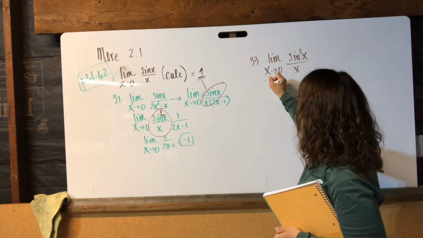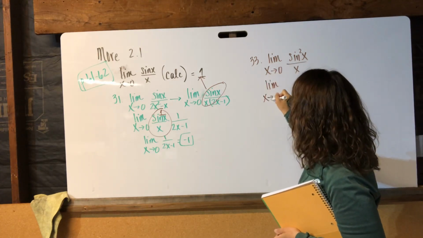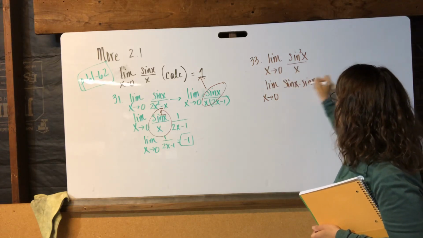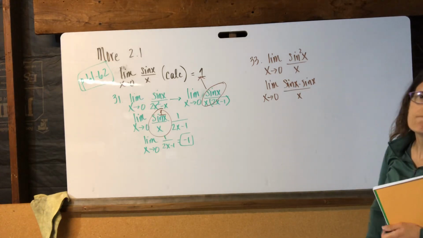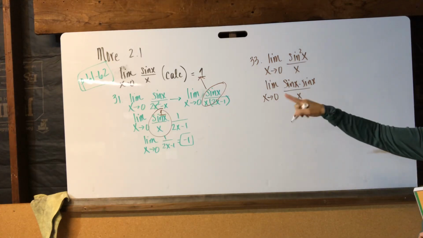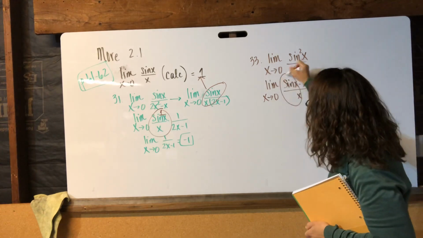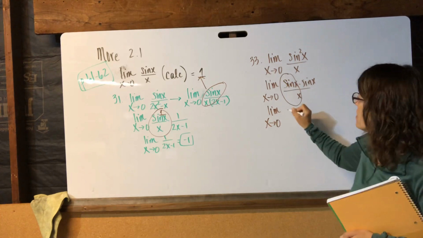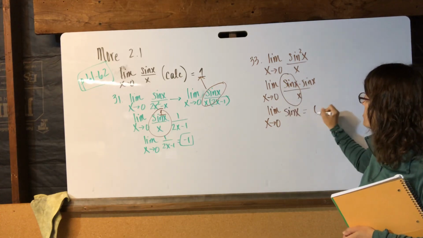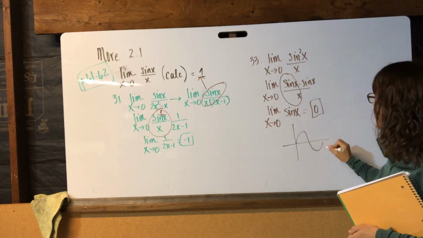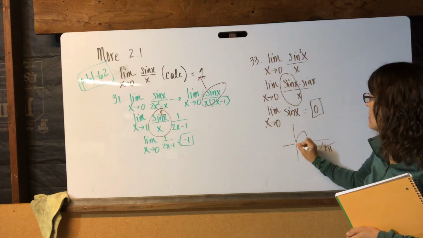I'm going to separate this as sine x times the sine of x over x. Well, as we've done in 31, and as you can see from your calculator, this is 1. So you're left with the limit as x approaches 0 of the sine of x, which is 0. How do you know that? Sine curve, right? 2 pi, 0, etc.